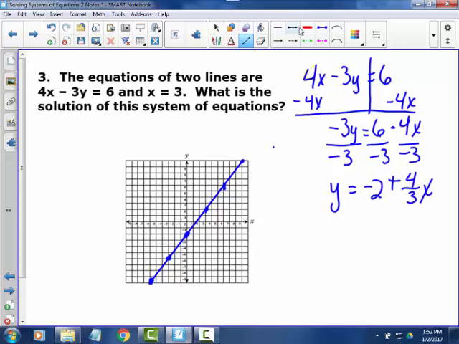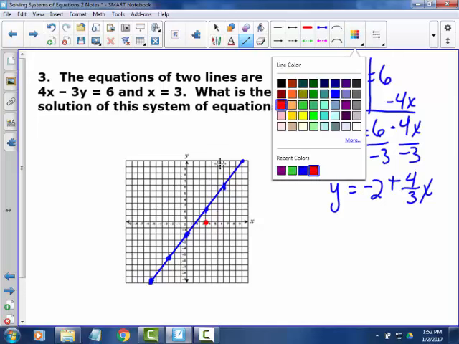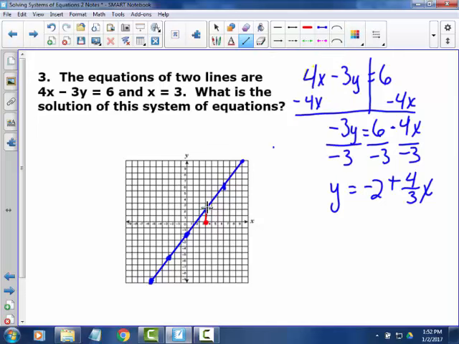Now we want to graph our other line, which is x equals 3. And we know that if x equals 3, we go on the x-axis to 3, and this will be a vertical line through that point. So we just draw a vertical line through that point.